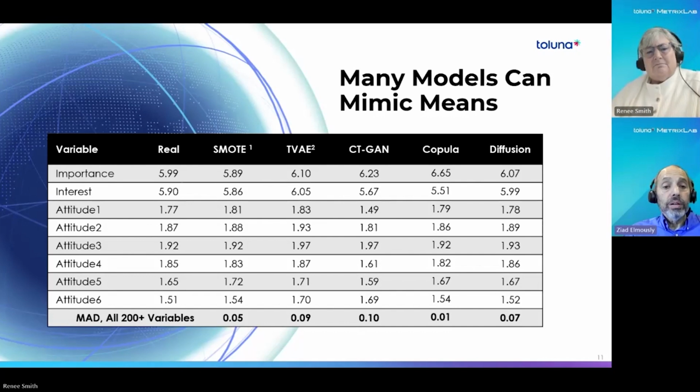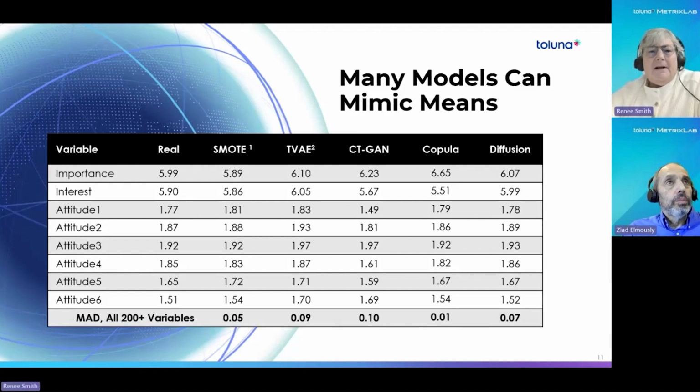So in general, we observed that the synthetic methods mimic the real data means. This is further confirmed by the mean absolute deviations across more than 500 variables. With the smallest mean absolute deviation of 0.01, the Gaussian copulas fit the real data closer than the other methods.